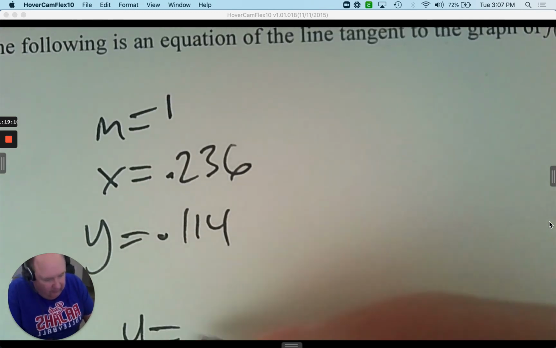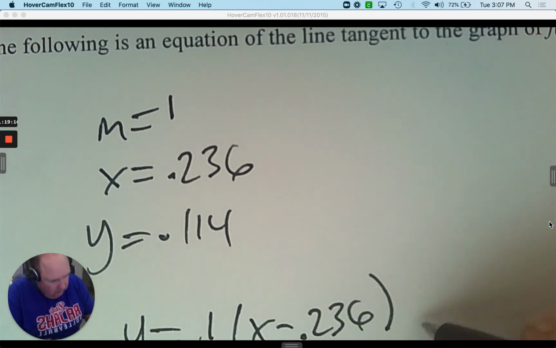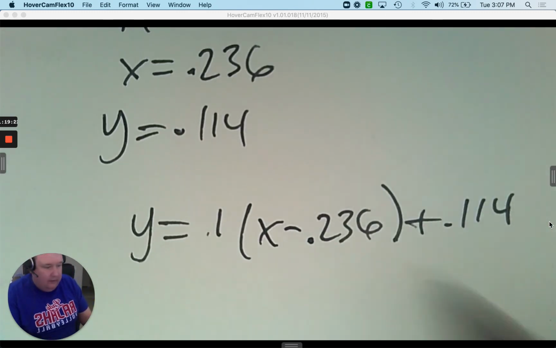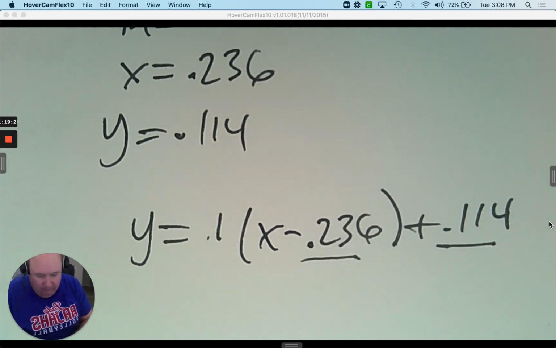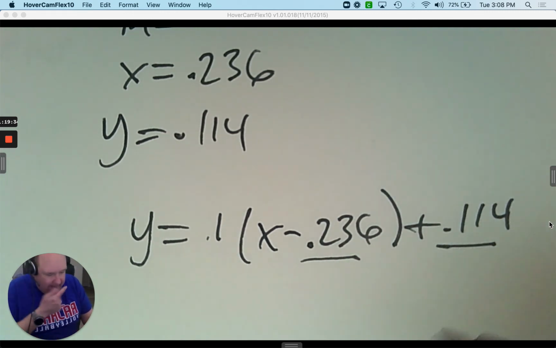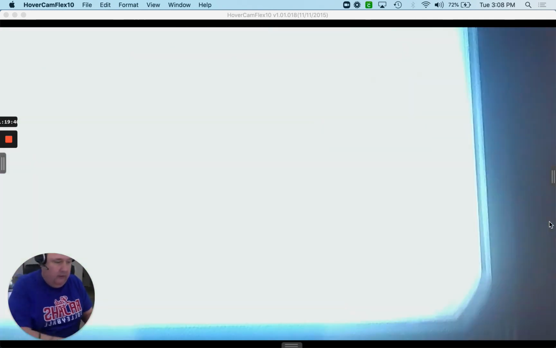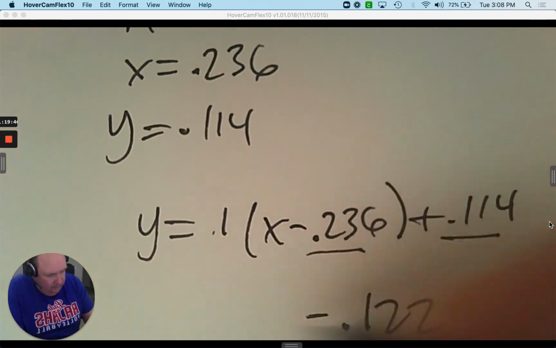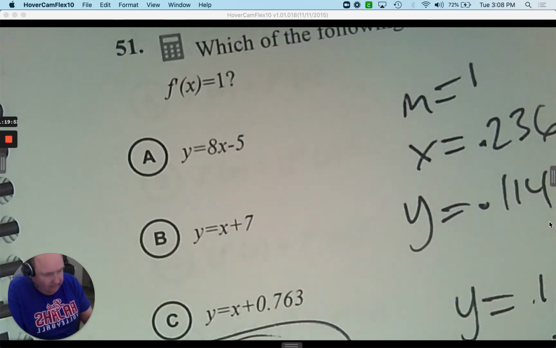So to put it together, and then if you distribute and combine like terms, you're going to have to combine these together. So we're going to subtract 0.236, and I get negative 0.122. So if you put it together, this is the answer you get. y equals x minus 0.122. So that matches with D.